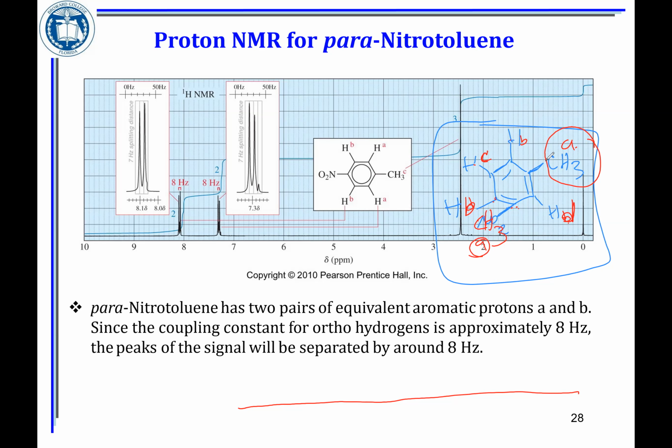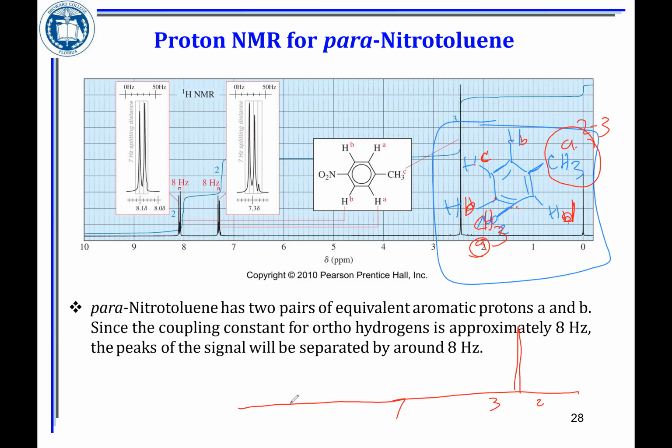Benzylic hydrogen would appear between which numbers? Benzylic hydrogen would appear between 2 and 3, and it is going to be a singlet. So it's between 2 and 3.